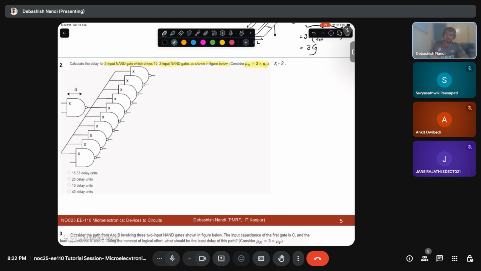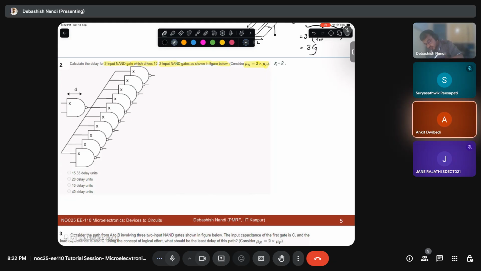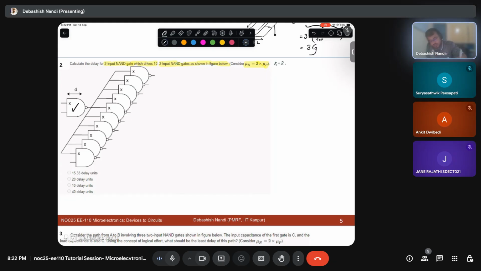Now can you tell me what I need to calculate, for which 2-input NAND gate they are asking me to calculate the delay? The first one. So I need to calculate the delay for this.